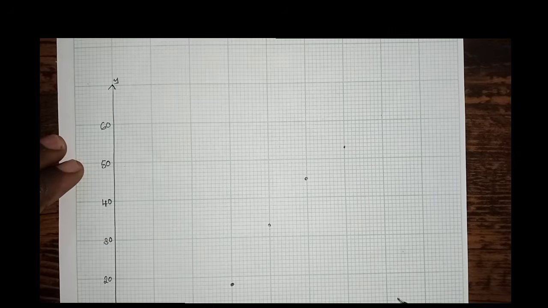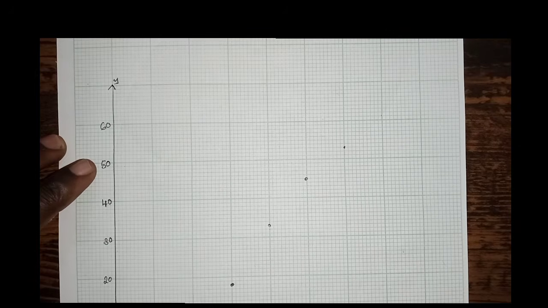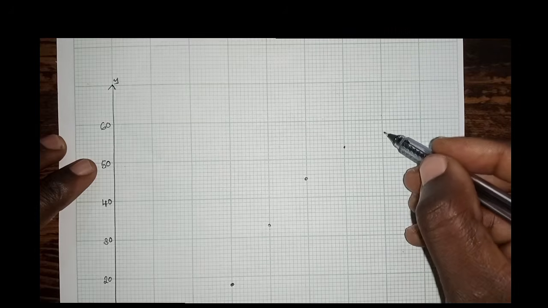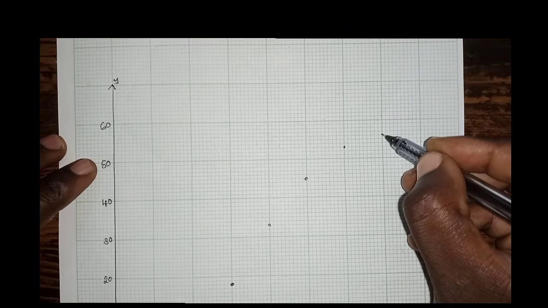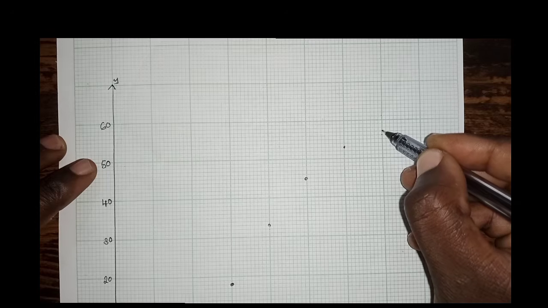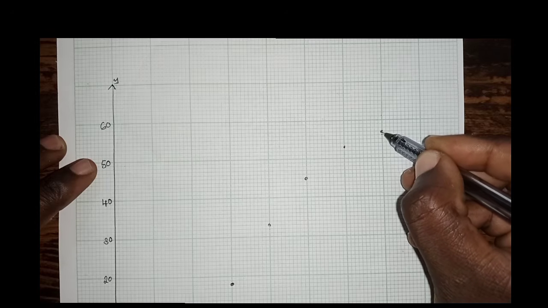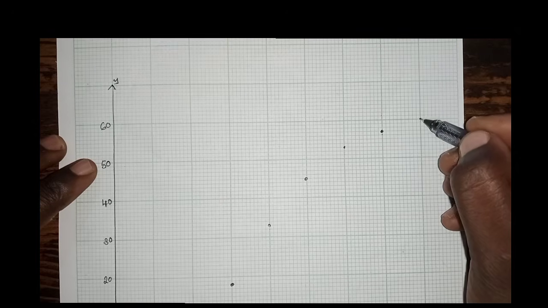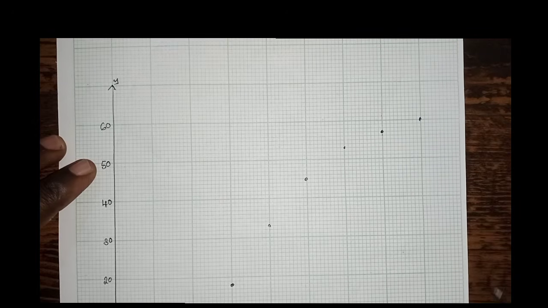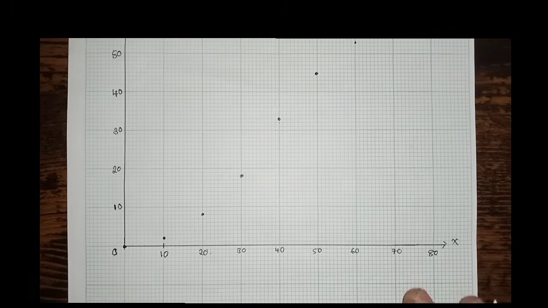The next one is 70, 57. So 70 is here; 53, 55, 56, 57 is right here. This is where 57 is. Next is 80, 60, right here.